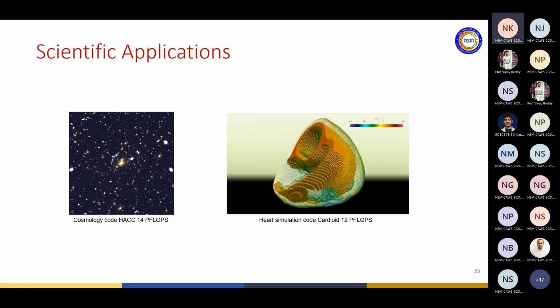One domain is cosmology simulation. This is an application called HACC, which was run on the entire Sequoia system, and it achieved about 14 petaflops. And this is another application, a heart simulation code, which achieved 12 petaflops. So there are applications which scale up to the entire system, and that's their goal.